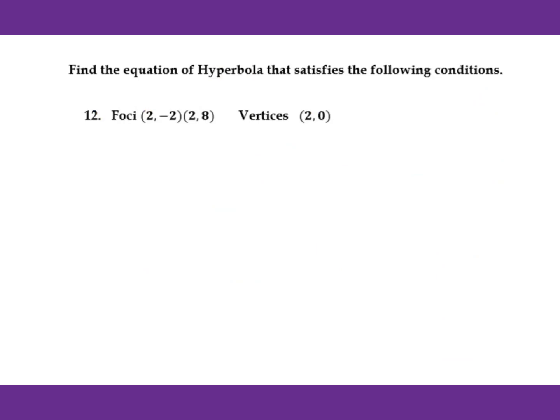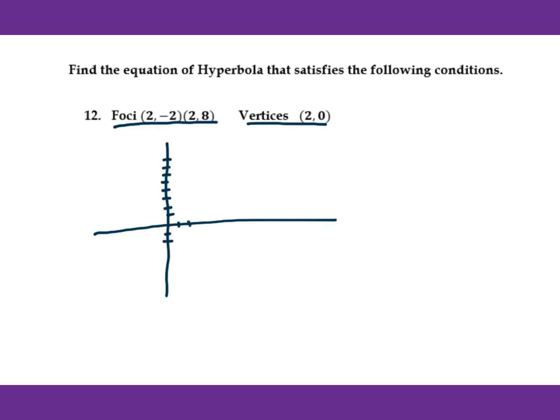Now let's go to number 12. We still get the foci and also vertices. So we will sketch this out on the coordinate plane. We get (2, negative 2). It's over here. Then (2, negative 8). It's here. Then the vertices is (2, 0). Here.